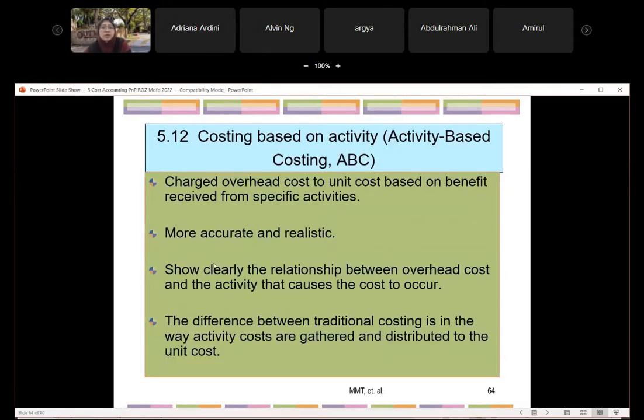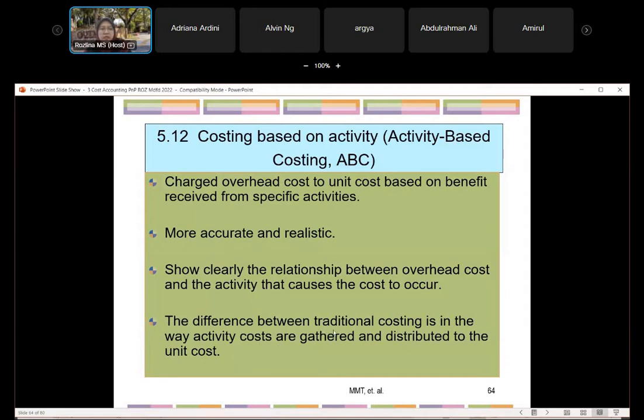Okay, costing based on activity. Charge overhead cost to unit cost based on benefit received from specific activities. It is more accurate and realistic. It can show clearly the relationship between overhead costs and the activity that causes the cost to occur.